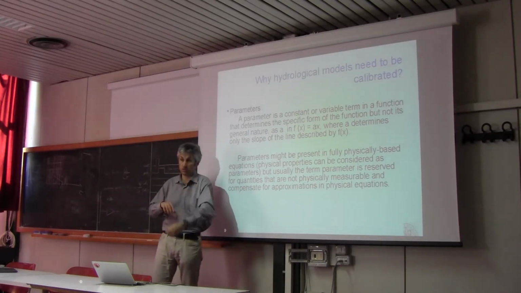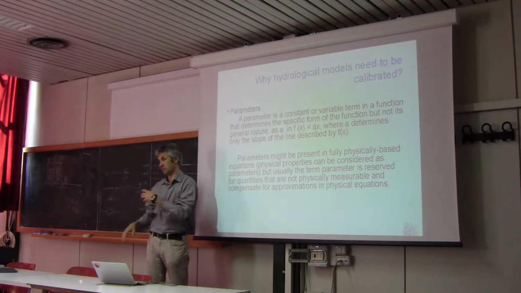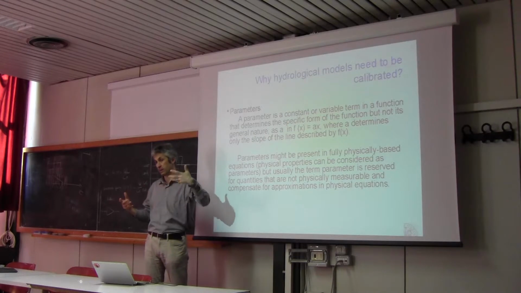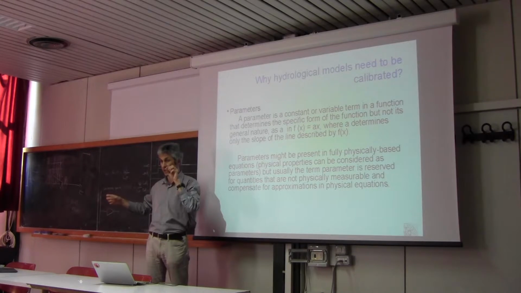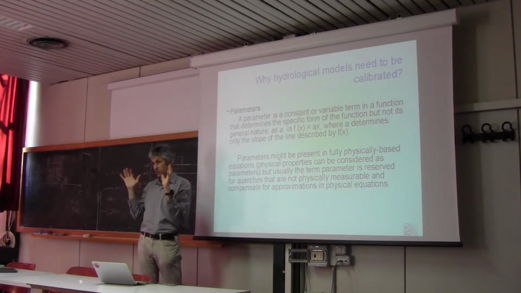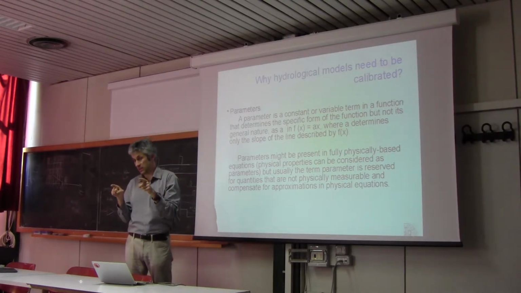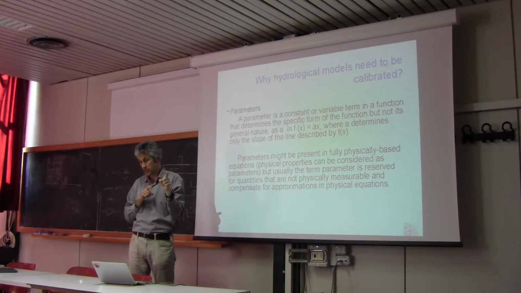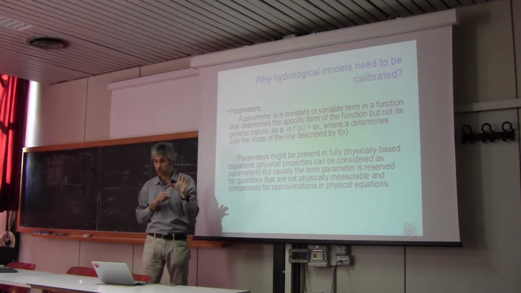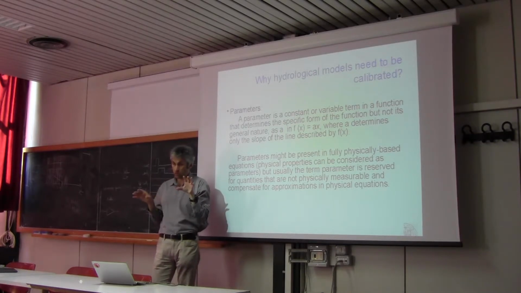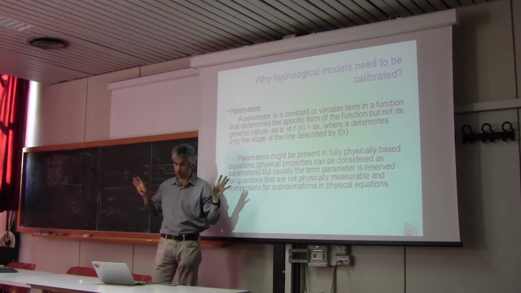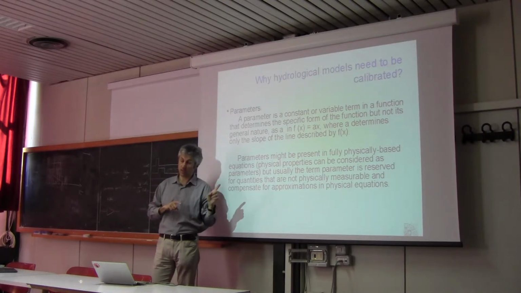Of course, you try to find the best value of the parameters, and in doing so, you compensate with the parameter values for other deficiencies of the model, because the parameter is an element of flexibility. So the model has a fixed structure, but by changing the parameter, you get flexibility in changing the response. So the parameter may also be used to compensate for other approximations. And this is the case of roughness.